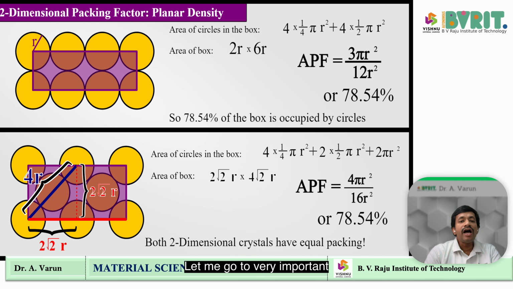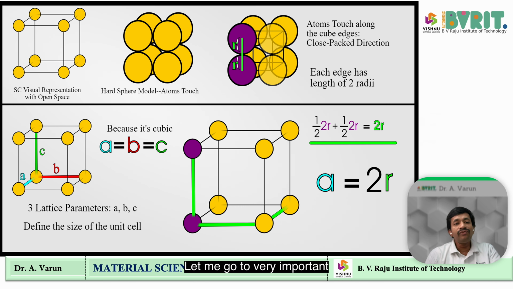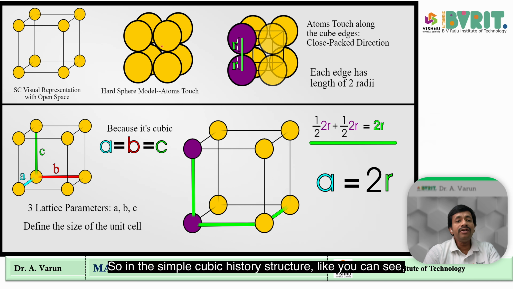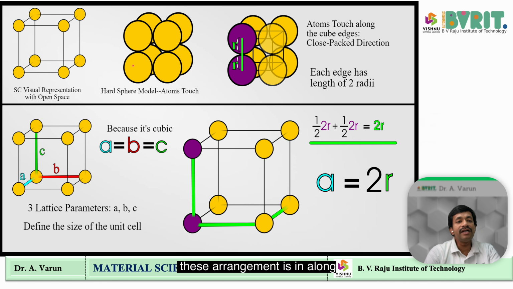You can go through it. Let me go to a very important type of crystal structure, which is the simple basic crystal structure, the simple cubic crystal structure. In the simple cubic crystal structure, the atoms are along the vertices, and we know that it is a cube, so a equals b equals c, and obviously alpha equals beta equals gamma equals 90 degrees.